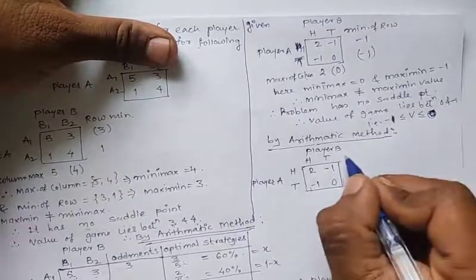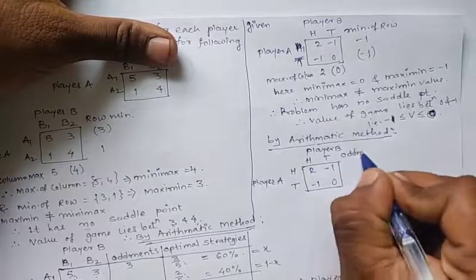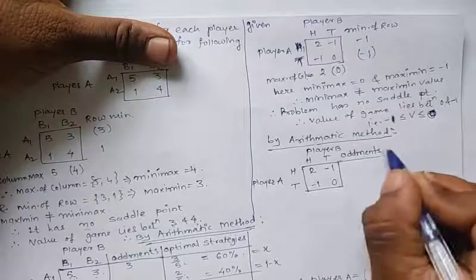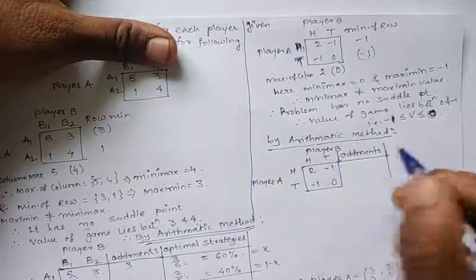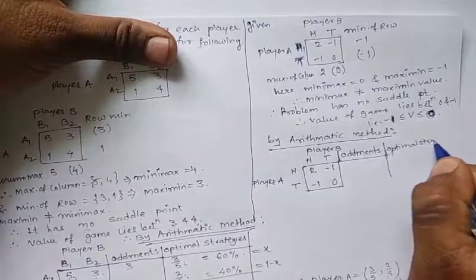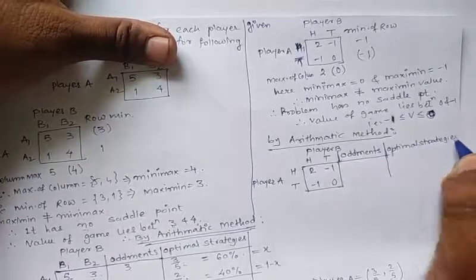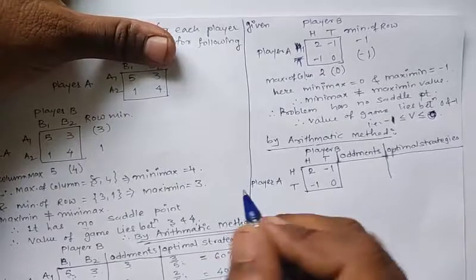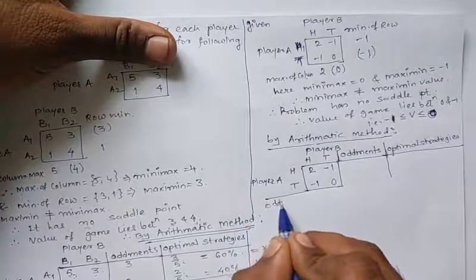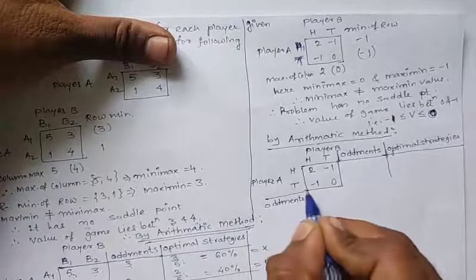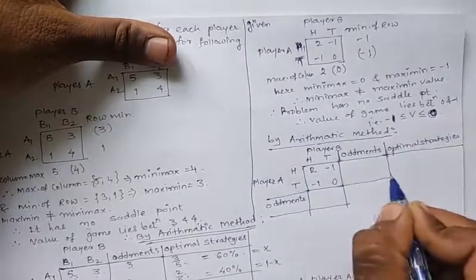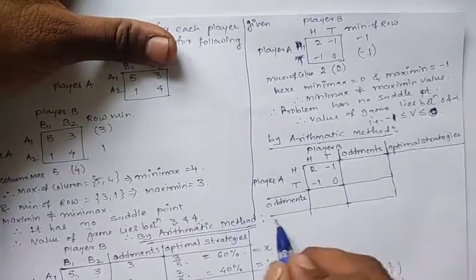Next find the oddments, and then find the optimal strategies.